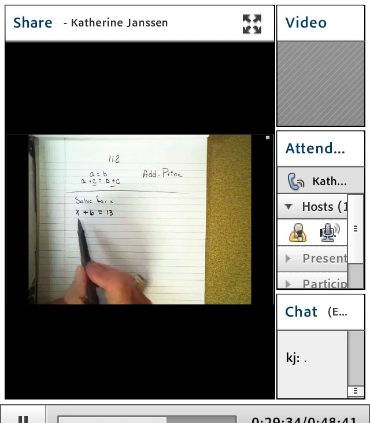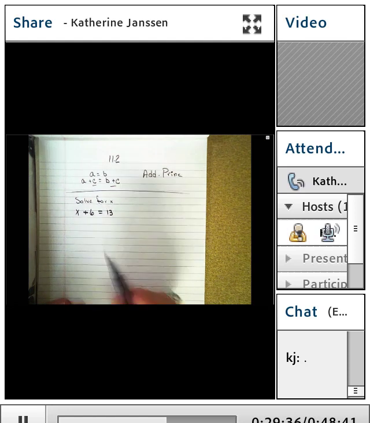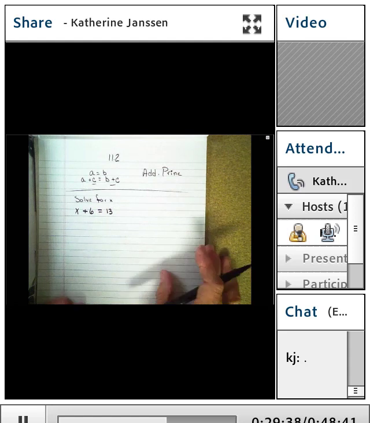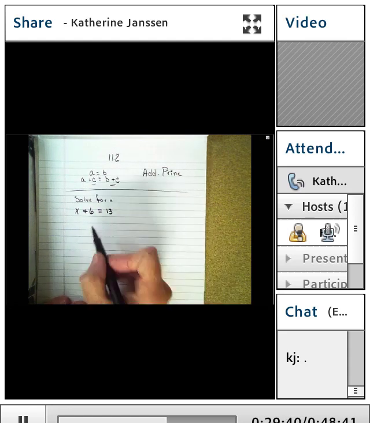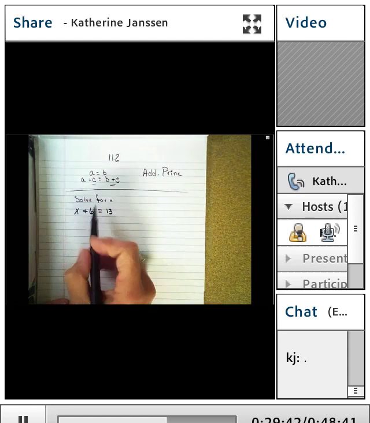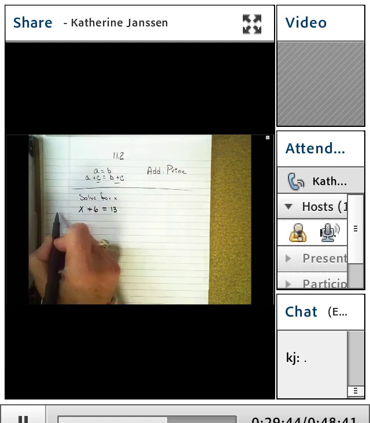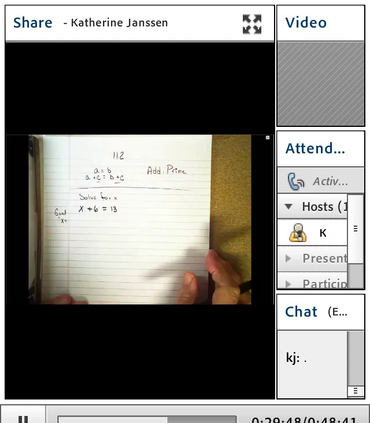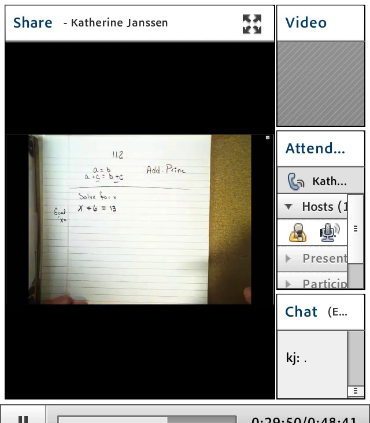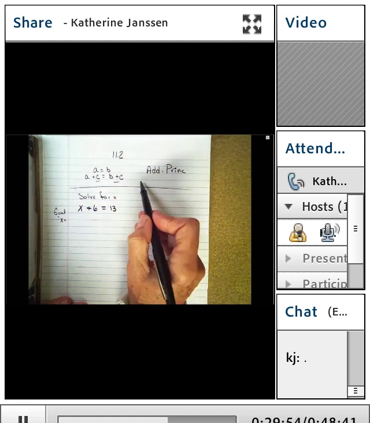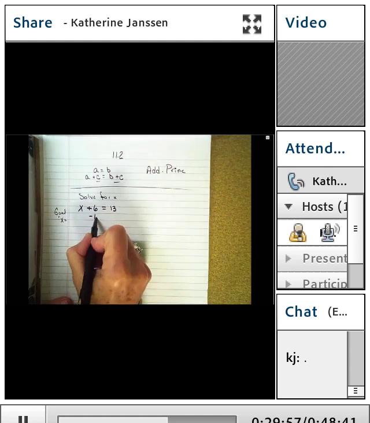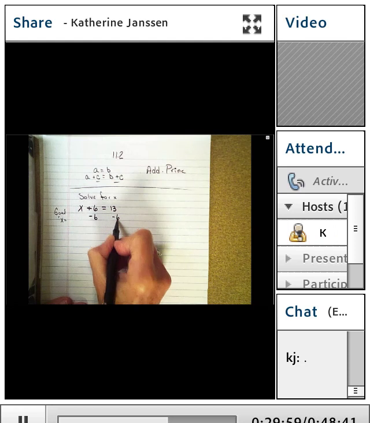So this may be mental math for you, but we are applying the theory now. So we want to practice the theory. I'm supposed to solve for x, which means our goal is x equals something. We're solving for x. So I want to be able to say x equals. Well, if I use my addition principle, I can add the opposite of 6 to both sides.